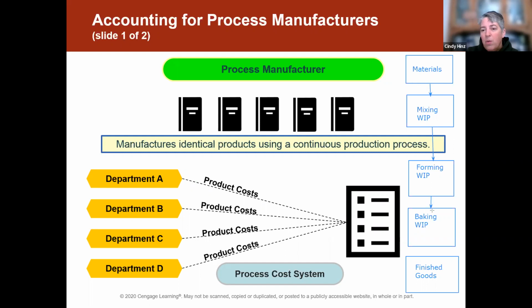We mix up the dough. We transfer the dough from the mixing room into the room where they're made into cookie shapes, forming department. And then once the cookies are formed, we transfer them into the baking department. So we're physically taking the cookies that are now cookie shapes, taking them into the room where the ovens are, and we bake them.